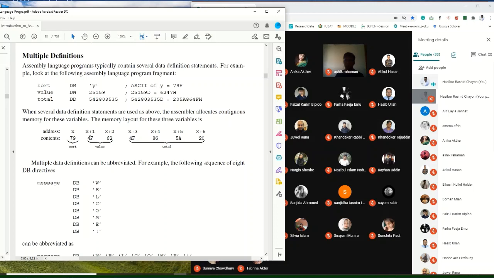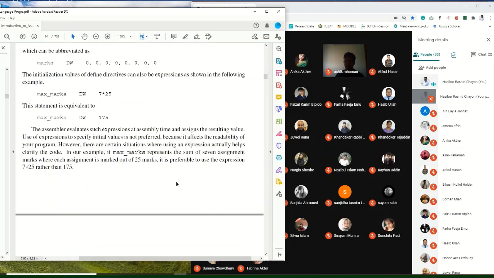And when will the total variable start? Because this one is 1 byte and that one is 2 bytes, we have 2 plus 1, 3 bytes occupied. So the total variable will start from the fourth byte, right?